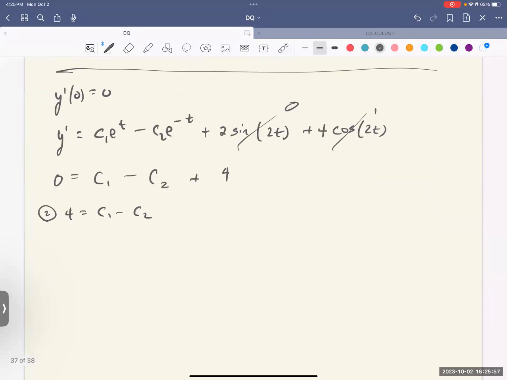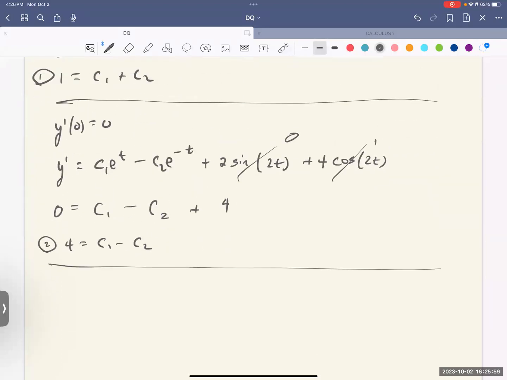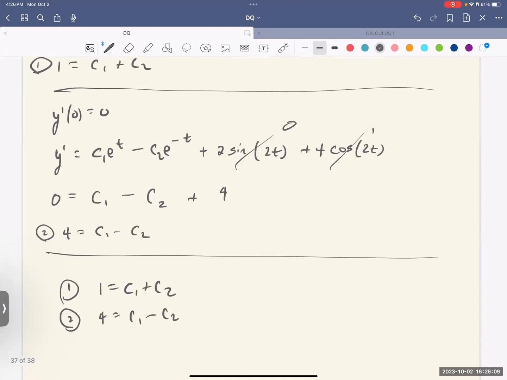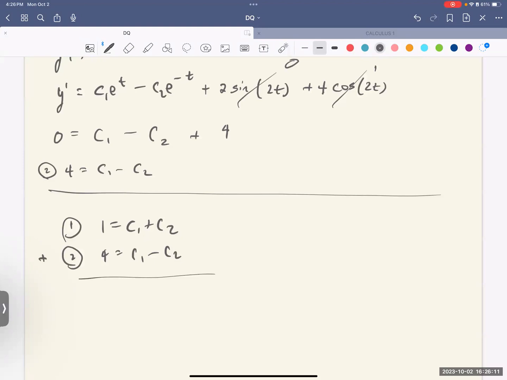So now let's combine equations 1 and 2 and come up with a c1 and c2. All right, if we just add these two equations up, then 5 is 2c1 and c1 is 5 halves.